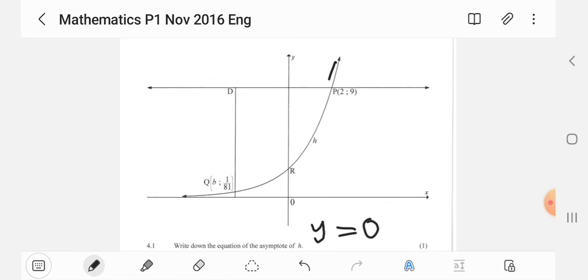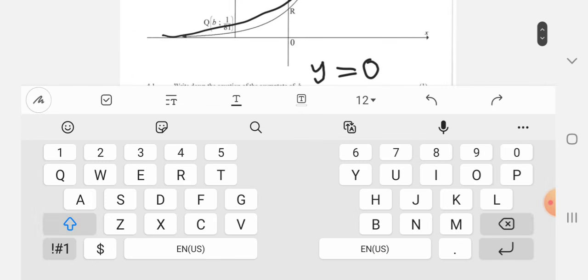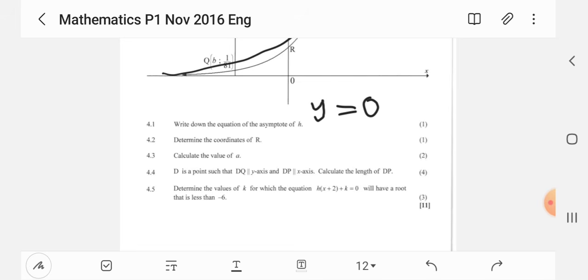With an exponential graph, we can only have the asymptote cutting the y-axis, sorry, not the x-axis. So we don't have that dotted line, so it is not x equals 0. The asymptote for this graph is y equals something.